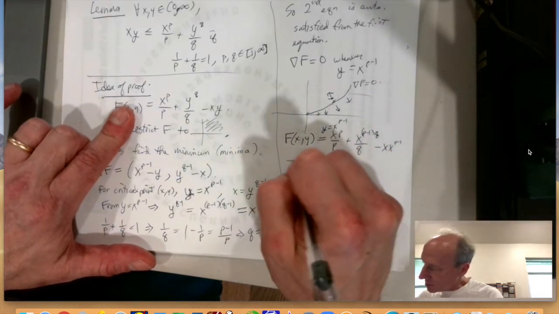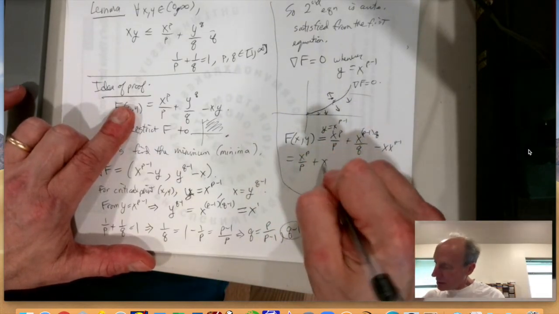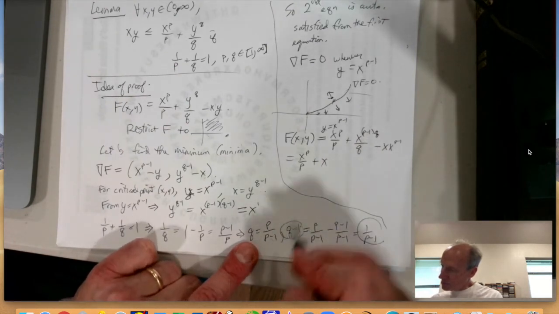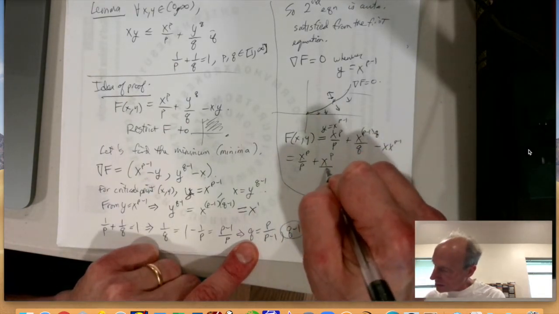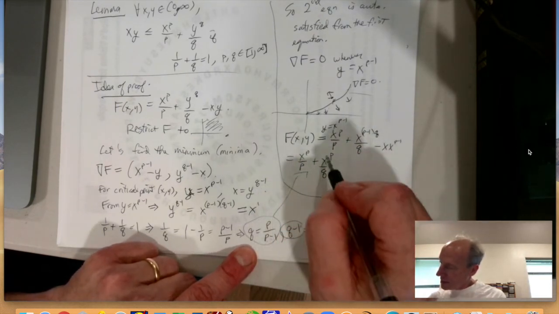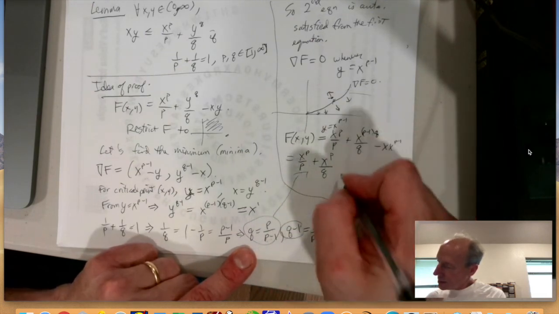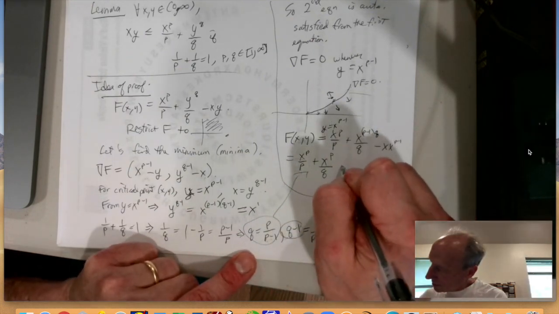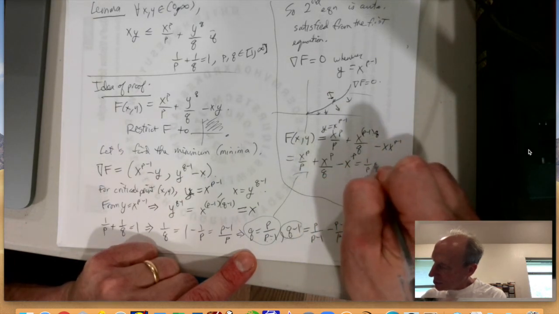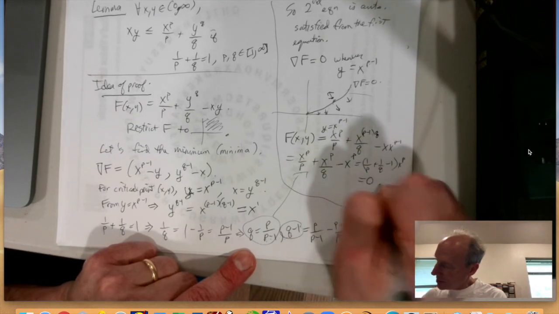Simplified, you get x to the p over p plus x to the, okay, q is p over p minus 1, so that's x to the p over q, since p minus 1 times q is p. And then minus x to the p, and so it's 1 over p plus 1 over q minus 1 times x to the p, which is 0.